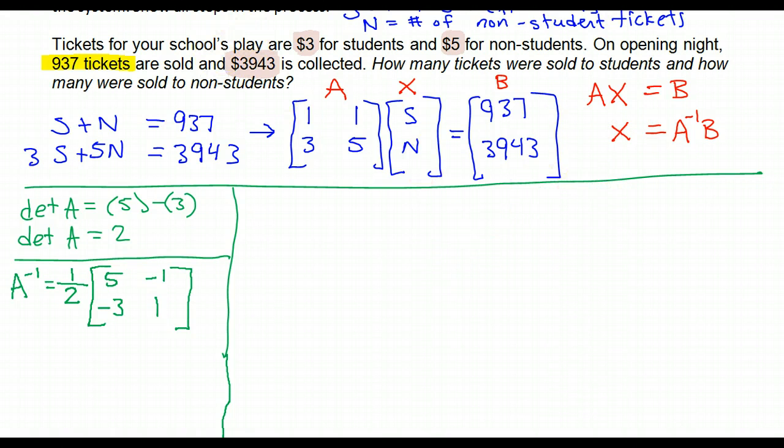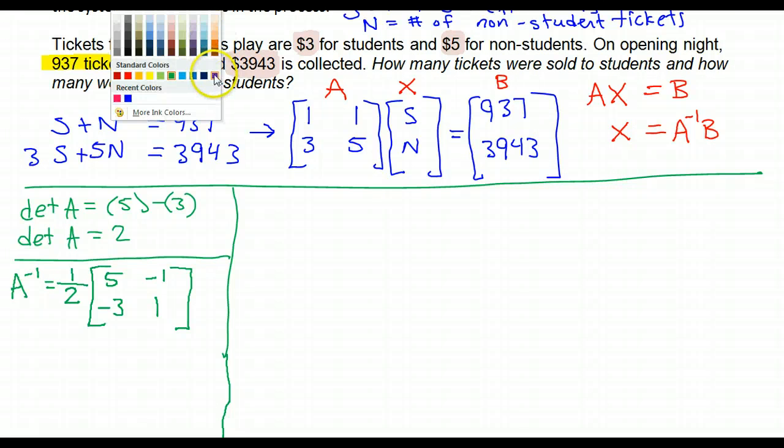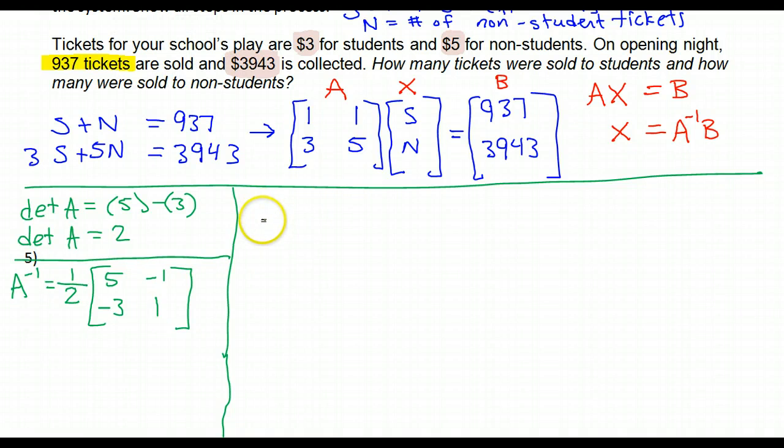Okay, so let's get on with the mission. So we're supposed to be finding the fact that x equals A inverse times B. Okay, that's what we're doing right now. Now A inverse is right here, including the 1/2.